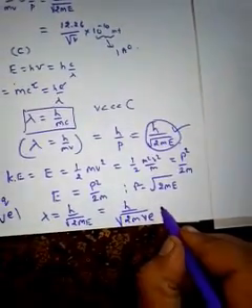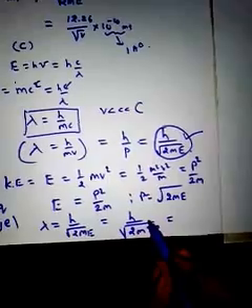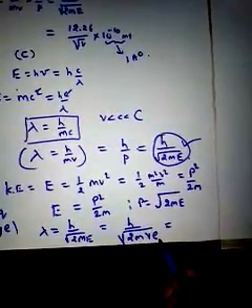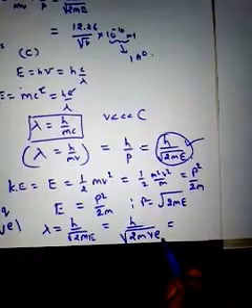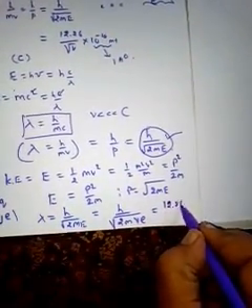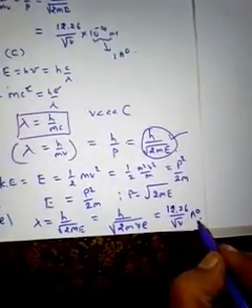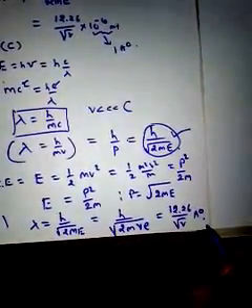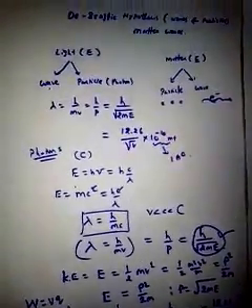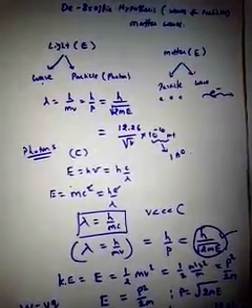Substituting the value of h, Planck's constant 6.6 into 10 power minus 34, the mass of the electron, and the charge of the electron 1.6 into 10 power minus 19, this reduces to 12.26 by root V angstrom. Angstrom means 10 power minus 10 meters. So this is the revision class for de Broglie hypothesis.